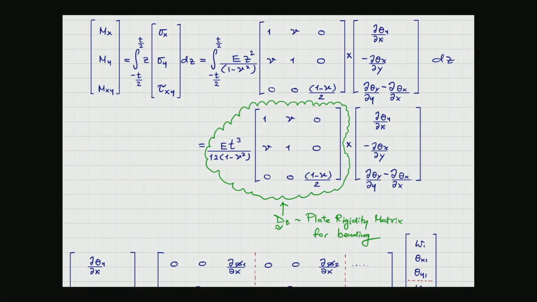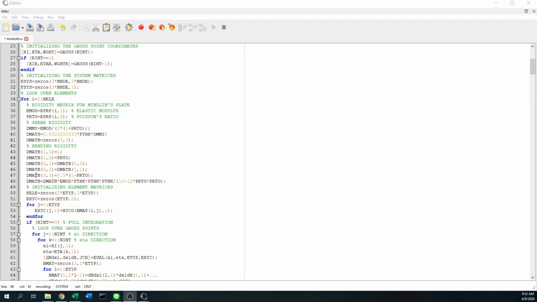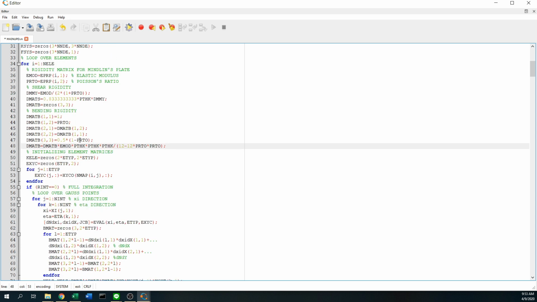You can see here E mod P thick cube divided by 12 minus 12 Poisson ratio square. So rigidity matrix is ready.